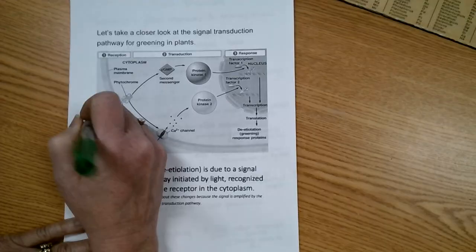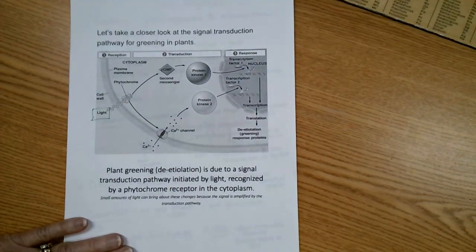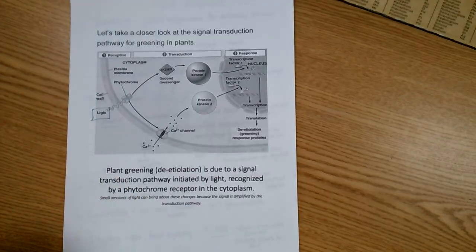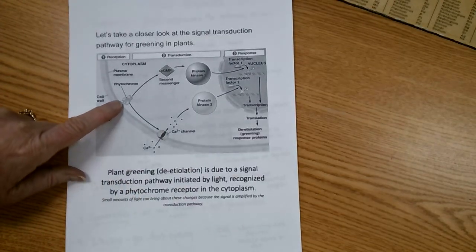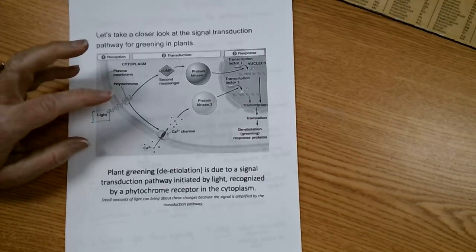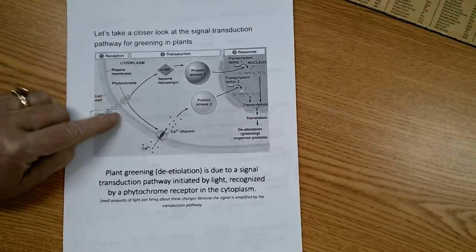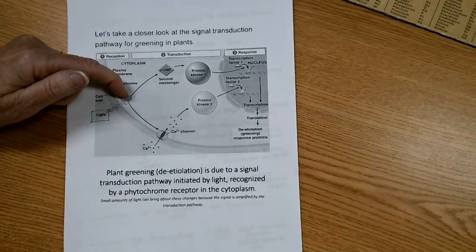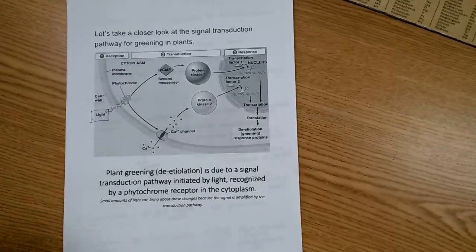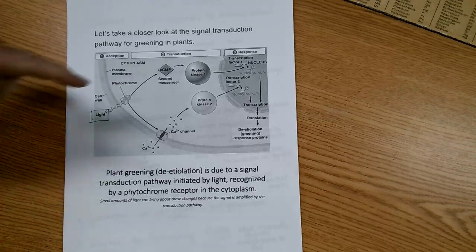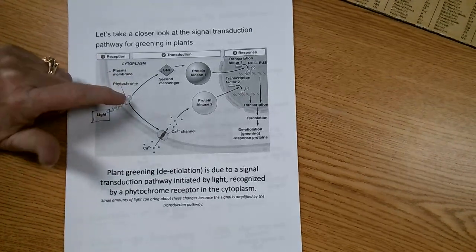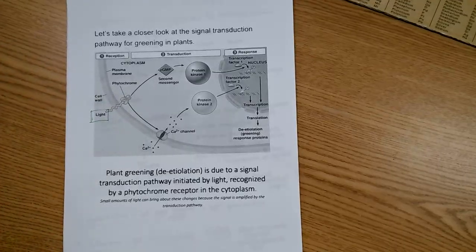And I know we talk about signals a lot of times being substances, and then we call them ligands. But in this case, light, it's actual action, and it's going intracellularly. So there are no receptors in the membrane here. The receptor is within the cytoplasm. We call it cytoplasmic or intracellular. And this phytochrome that's inside is the receptor. So that's a type of intracellular receptor.